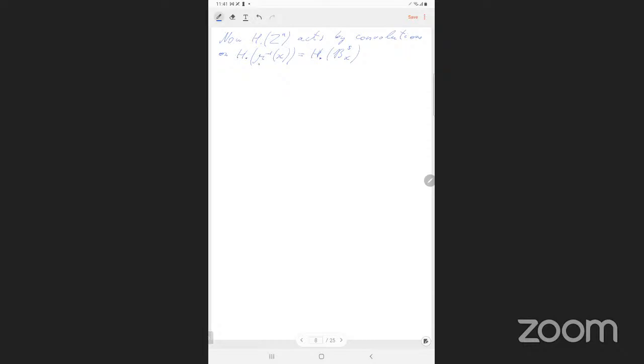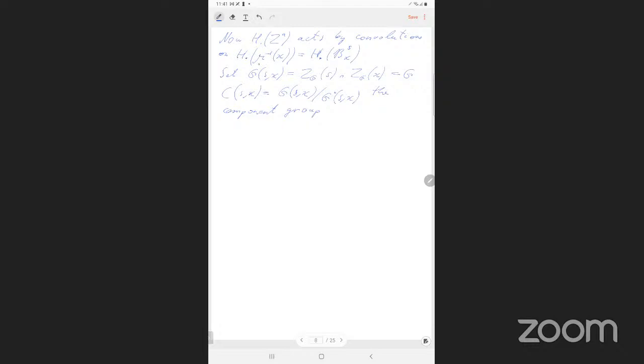Namely, we have this simultaneous centralizer G of Sx, the centralizer of S intersected with the centralizer of X, and this is certainly some subgroup of G, and C of Sx is its component group, so G of Sx modulo the neutral component. So it's just a finite group.